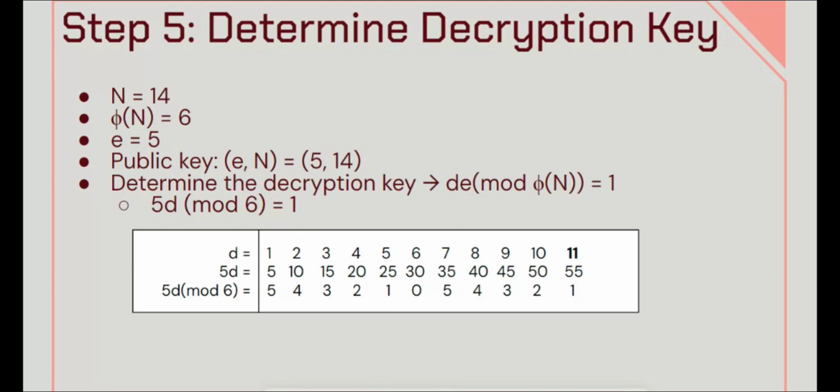So let's look at the little chart below and see which value is fitting for d. So we need to find something with a remainder of 1, and we know that these can get us a remainder of 1 after being plugged into the formula. So we can choose either 5 or 11 as our decryption key because we have to end up with a remainder of 1, and so we can choose the number 11 and that'll be our decryption key.